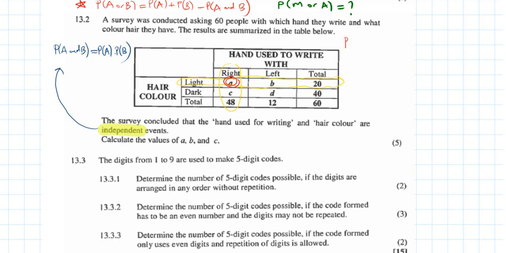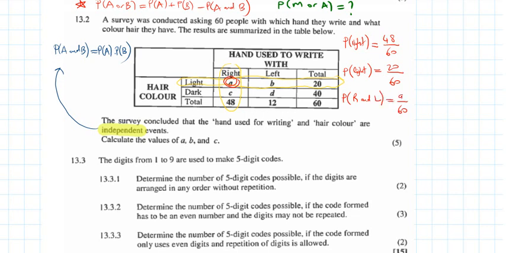Probability of getting right-handed people is basically how many right-handed people are there? 48 over 60. And probability of having light hair, so how many light-haired people are there? 20 over 60. And what is the probability of right-handed and light hair, R and L? That's A. A people are there, but we don't know A. It's A over 60.